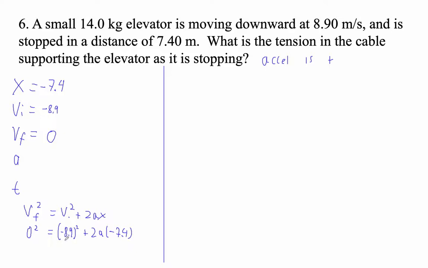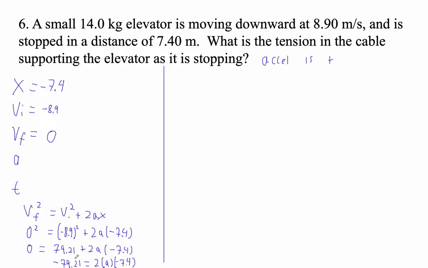So 8.9 squared is 79.21, so I've got 0 equals 79.21 plus 2 times a times negative 7.4. And then I'm going to get negative 79.21 equals 2 times a times negative 7.4. And obviously you can combine these. I tend to do it this way though.